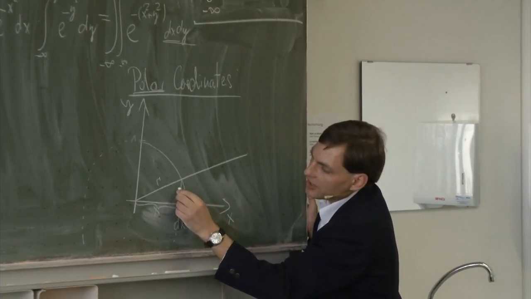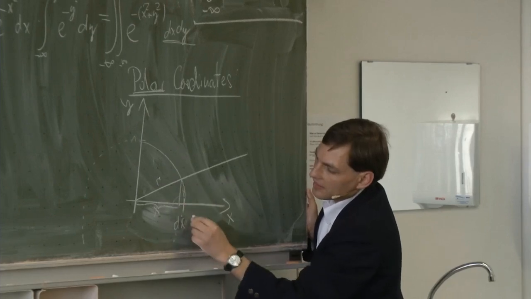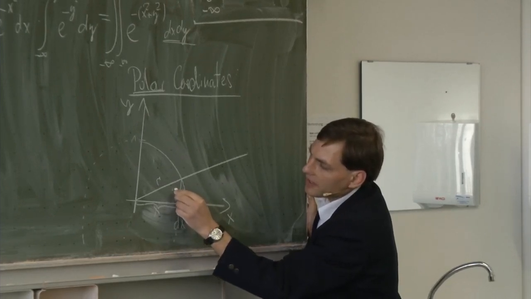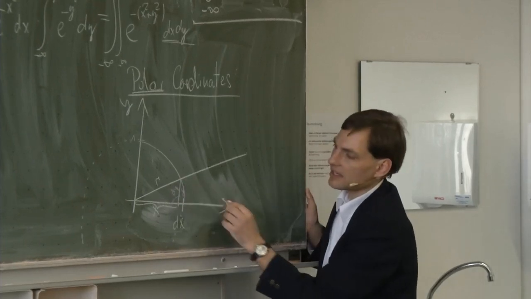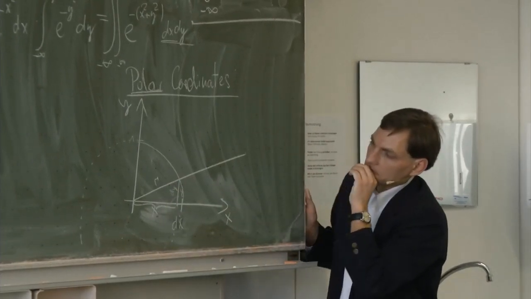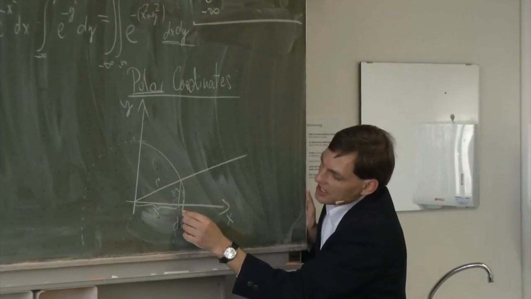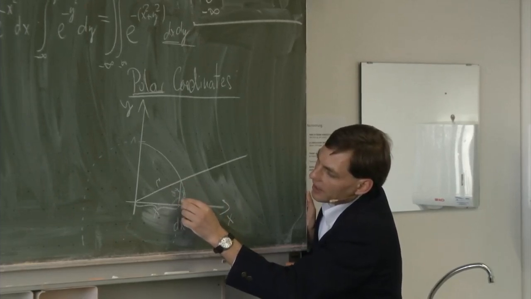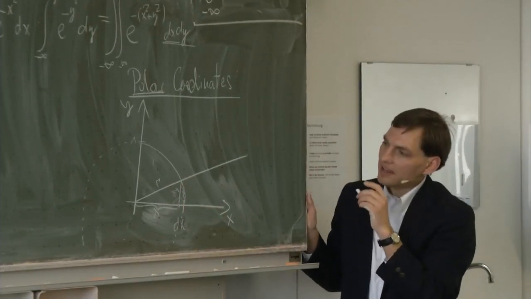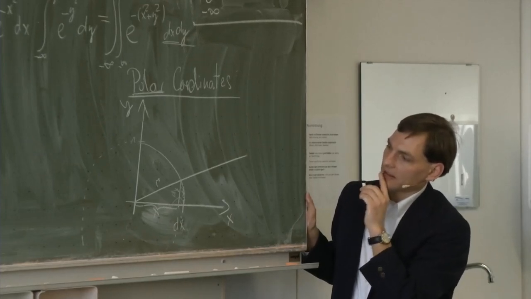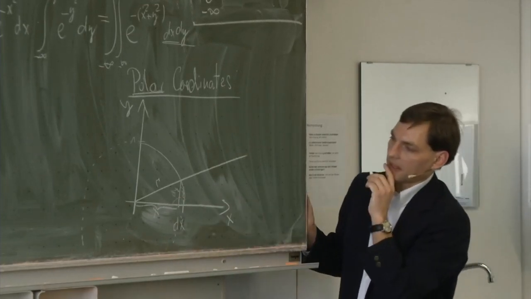So I have here dx, and then I have here a dy, which models the effect of this change. And so if I change dx, dy, I get an area here. Now I want to find another way to express this area.